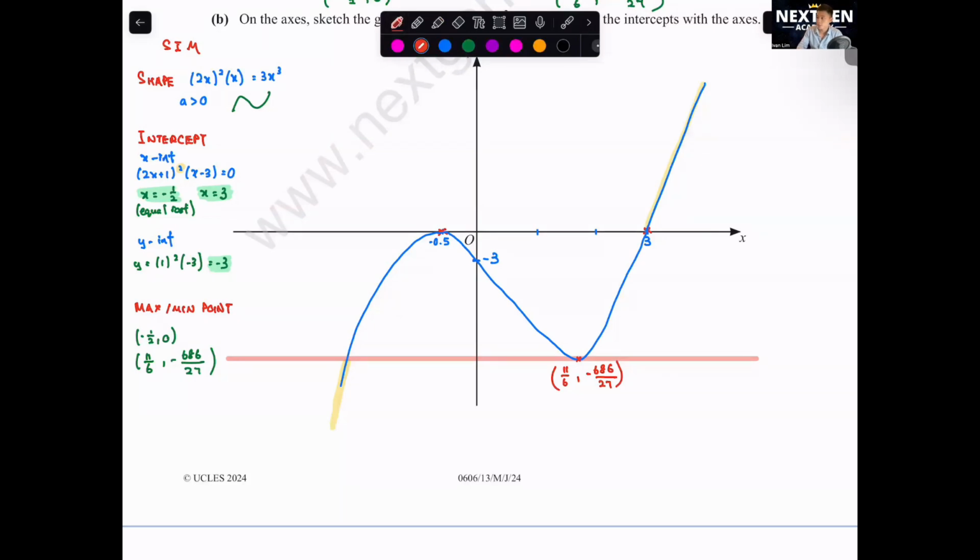So how do we express these two parts? This is k more than 0. Then this part here is k less than -686/27.